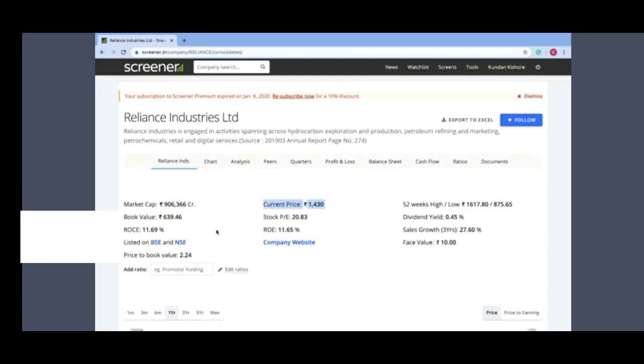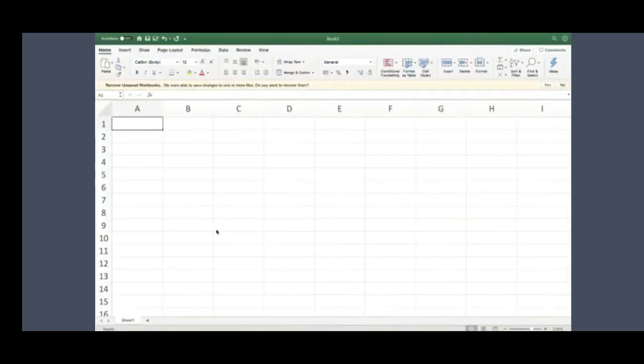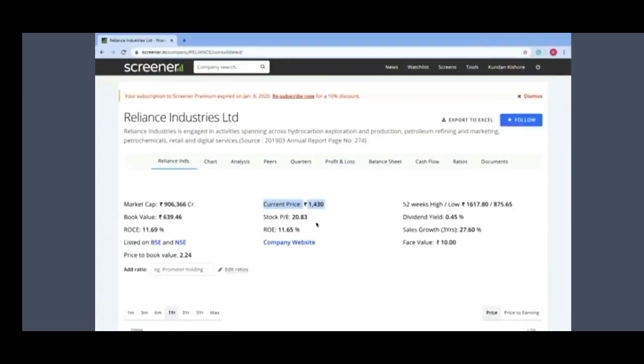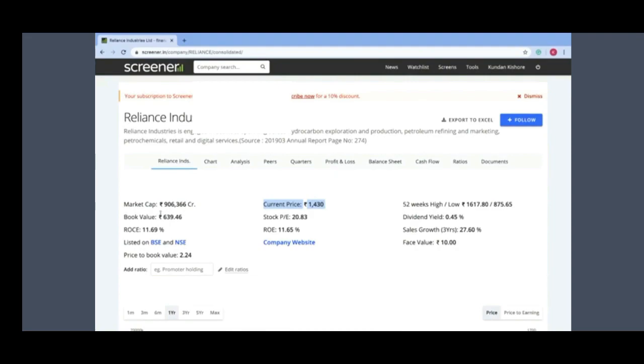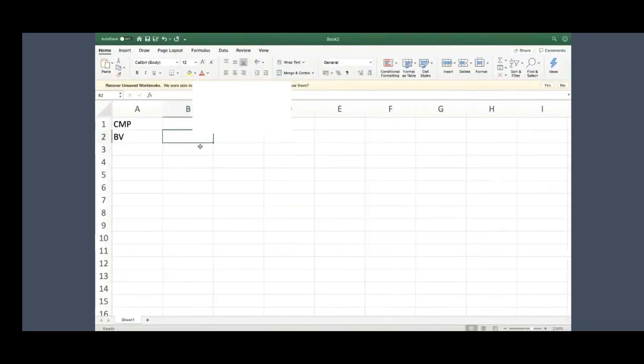So very easily, if we want to calculate price to book value, we can use the CMP. The book value per share of Reliance is 639, and the price is actually 1430.